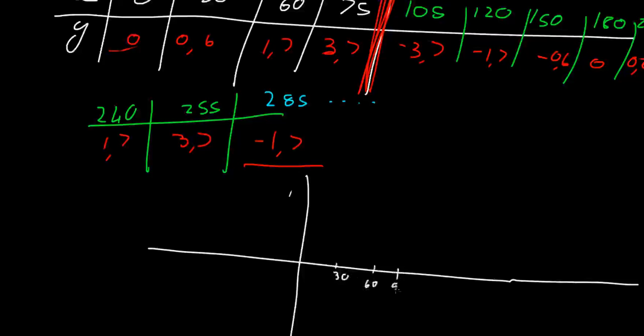60, 90, 120, 150, 180, 210, 240, 270, 300, 330, 360. The tan graph has asymptotes every 90 degrees.